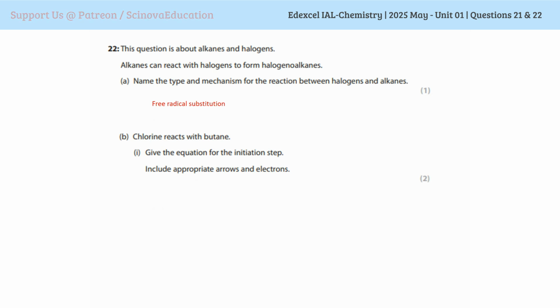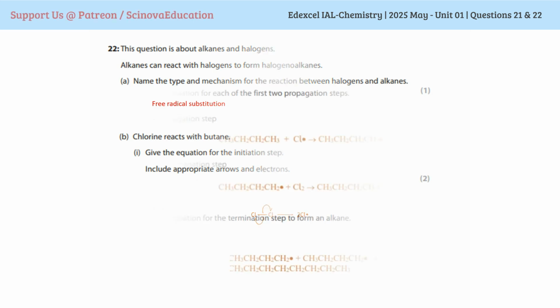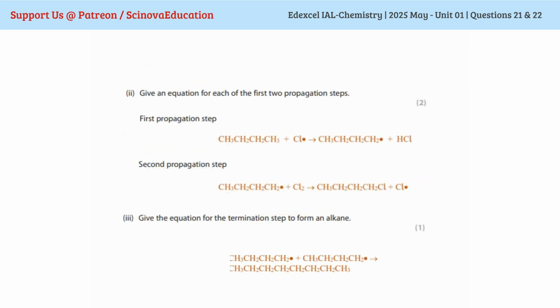Actually, this question is straight away from your theory. You have to draw it as you learned to produce two Cl dots or Cl free radicals, and the arrows you are using should be half arrows in this fish hook shape. Give an equation for each of the first two propagation steps.